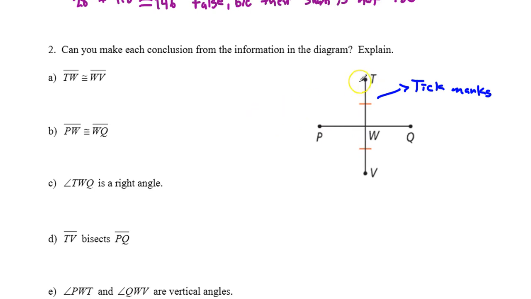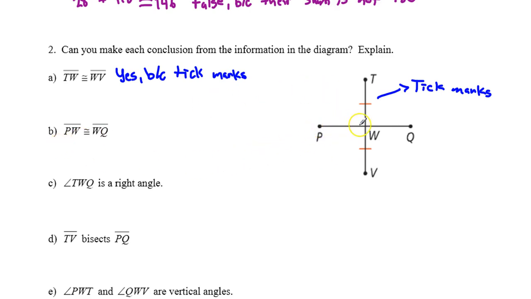TW is congruent to VW. And can you make that conclusion? Yes. All right, and the reason we can make that conclusion is because of the tick marks. They tell us that. We're going to become very familiar with those throughout the course of this year.